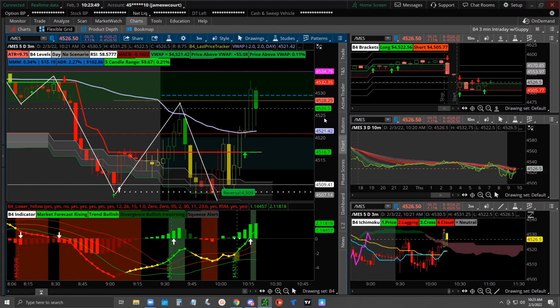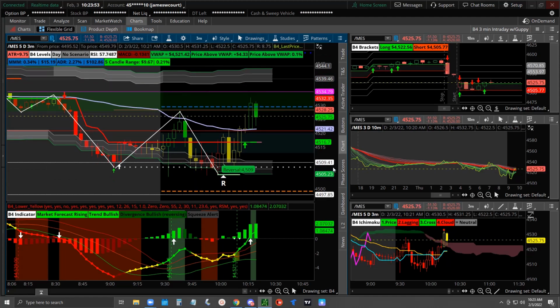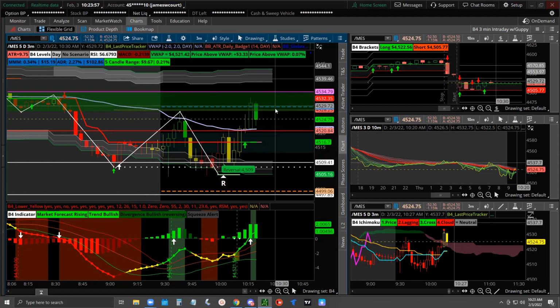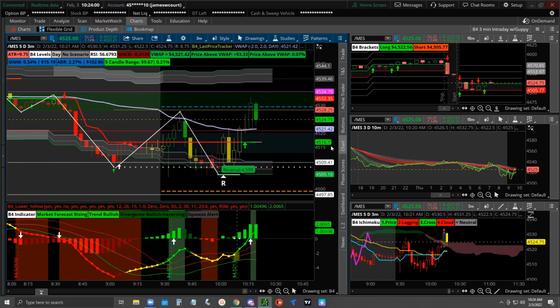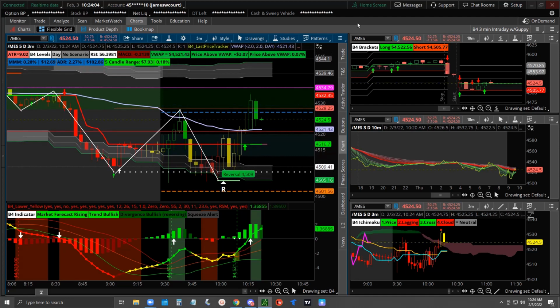I'm going to get rid of everything now. Or the close of the gap right there. We could even test the close of yesterday before coming down perhaps, but I'm going to let these guys take their profit and then fail to close this bar too bearish.